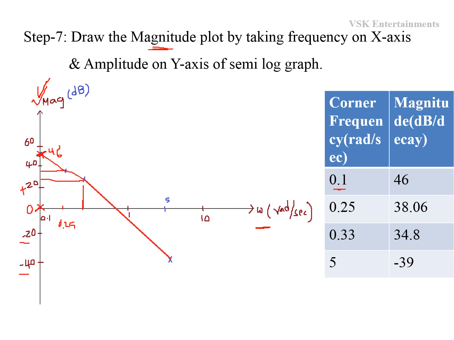Similarly, at 5 radians per second, the magnitude is minus 39 decibels. This is the magnitude plot at each and every corner frequency.